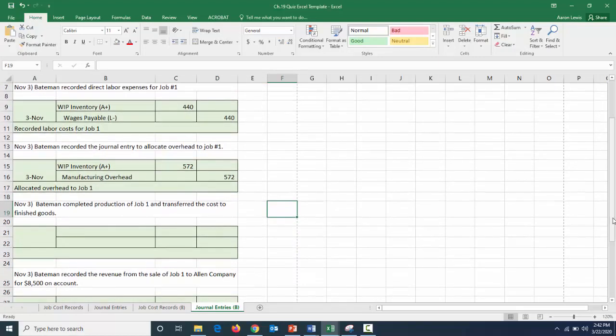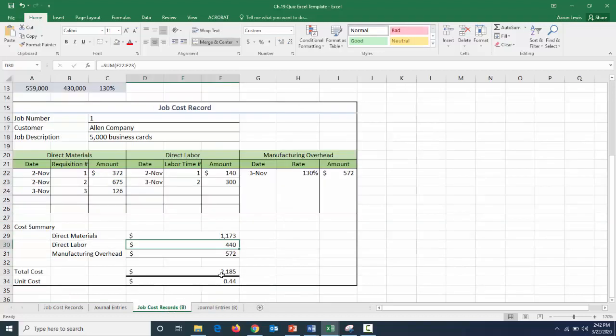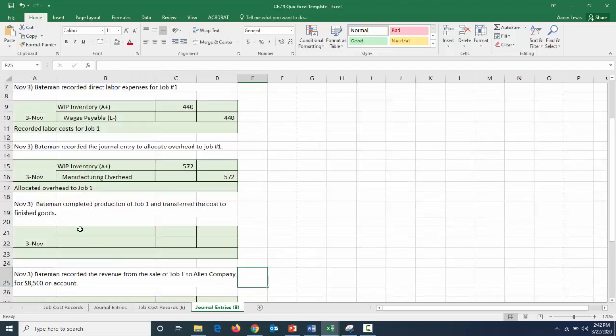Another November 3rd entry is that Bateman completed production of job 1 and we transferred the cost to finished goods inventory. Well, that's easy enough. What was the cost of job 1? Its total cost was $2,185, and we finished it.